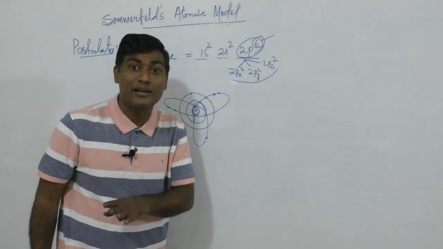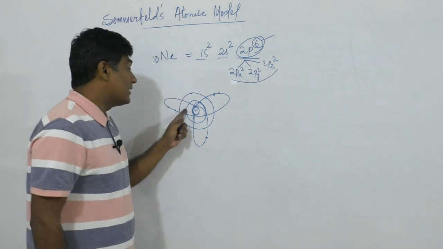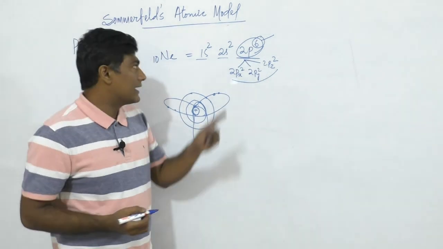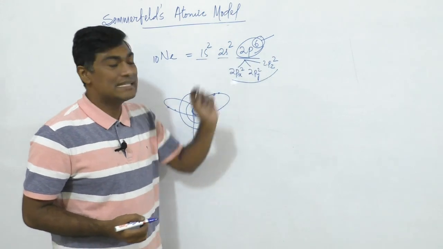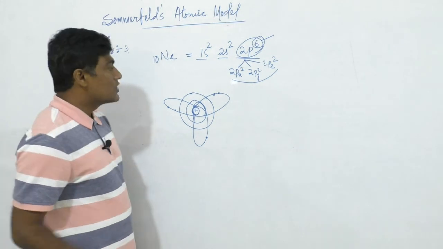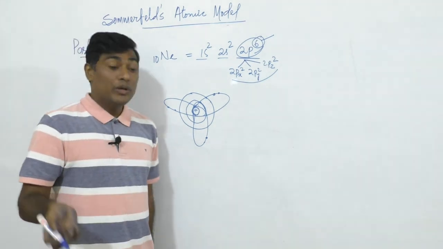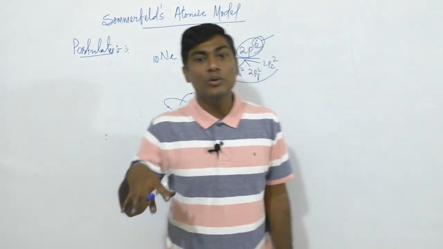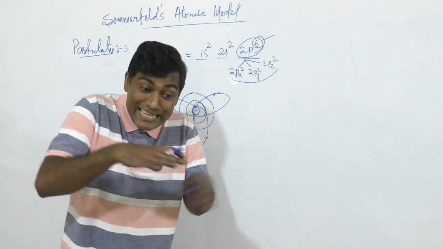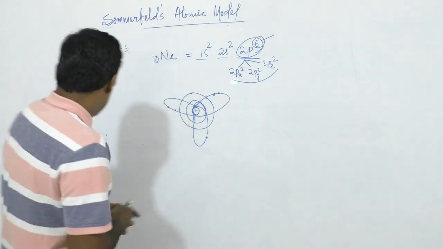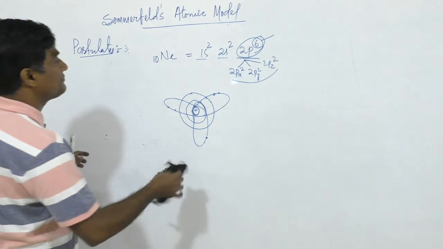So in total 6 electrons in the 2p subshell, and in total 2, 2 and 6, 10 electrons are present like this, right? So now we will move to how the position of an electron in an elliptical path is assigned, right?